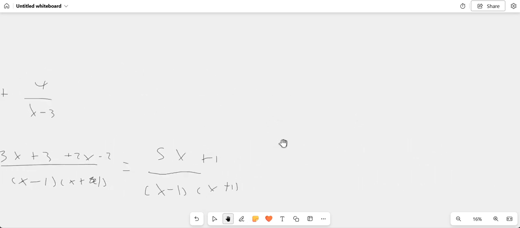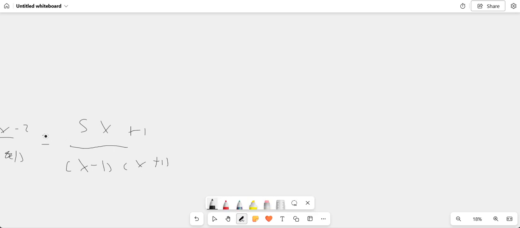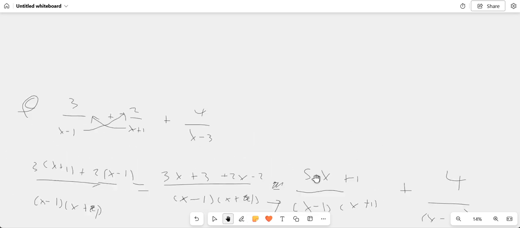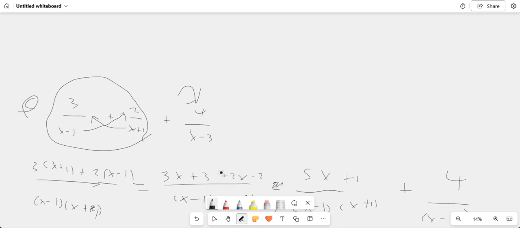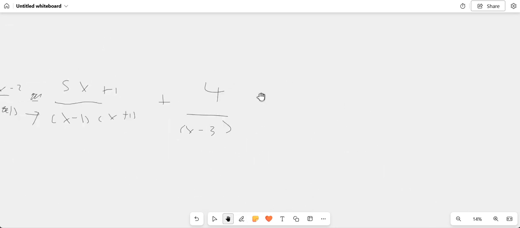Alright, cool. And then again, as I said, don't put the equal sign, but I'm going to do that. And now what can I do? Yeah, exactly. 4 over x minus 3. Obviously, I'm using the second part now. So I simplified this whole thing, and now I'm adding 4 over x minus 3. So now what do we do?